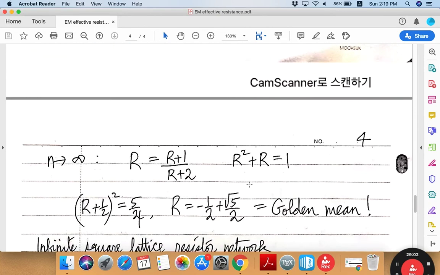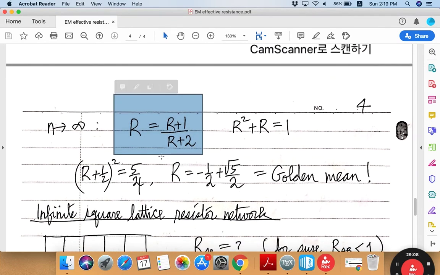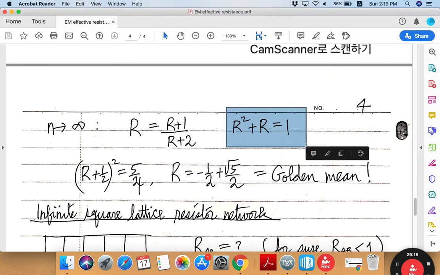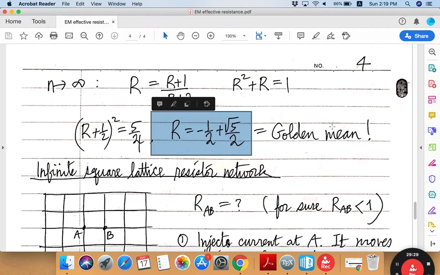And therefore this limiting value of the resistance should obey this simple equation. Okay, this equation becomes this equation. And I wouldn't be surprised if this equation immediately strikes some familiarity to you. Well, the solution is this famous number called the golden ratio or the golden mean.